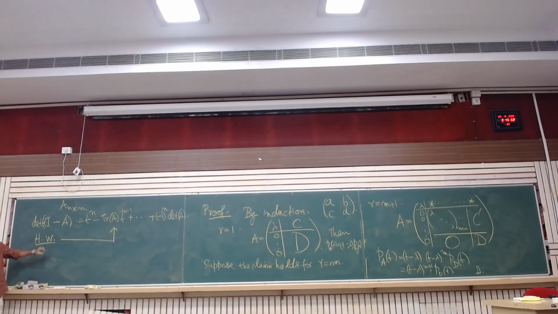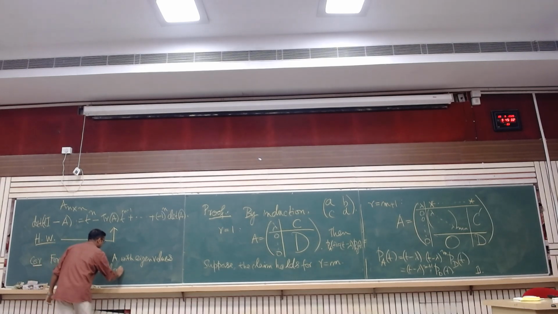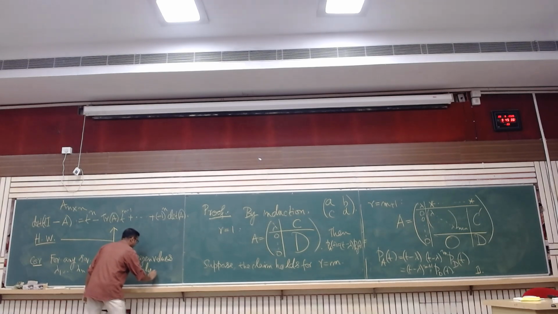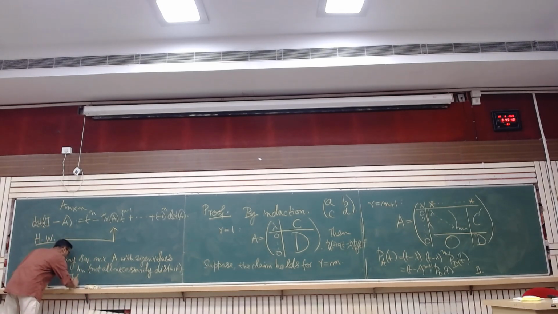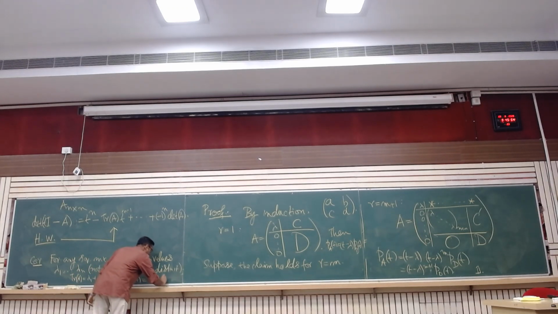Once you have this proposition, one could draw this corollary from here, that for any square matrix A, with eigenvalues lambda 1 through lambda n, not all necessarily distinct, so some of them could be the same, you have trace of A as the sum of the eigenvalues lambda 1 plus dot dot plus lambda n, and the determinant of A as the product of the eigenvalues lambda 1 dot dot dot lambda n.